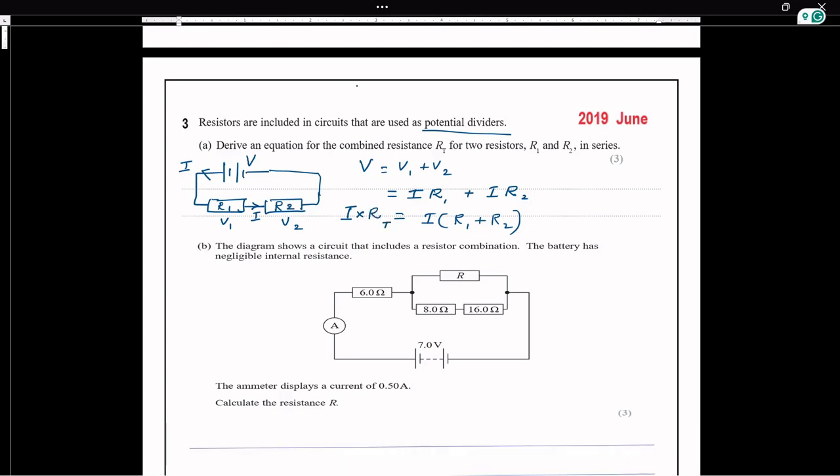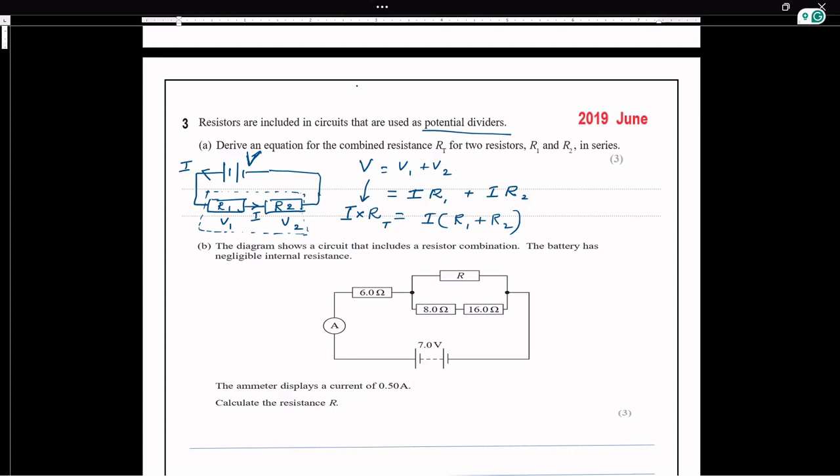Because this is a total, V is like the total voltage supplied to the circuit. So total voltage is current times the total resistance, the combined value of R1 and R2. So V is the total resistance multiplied by current.